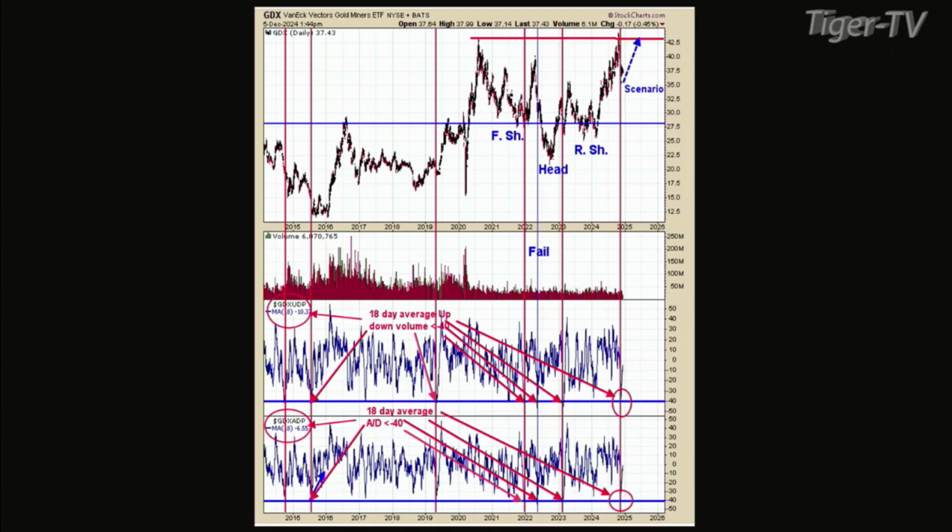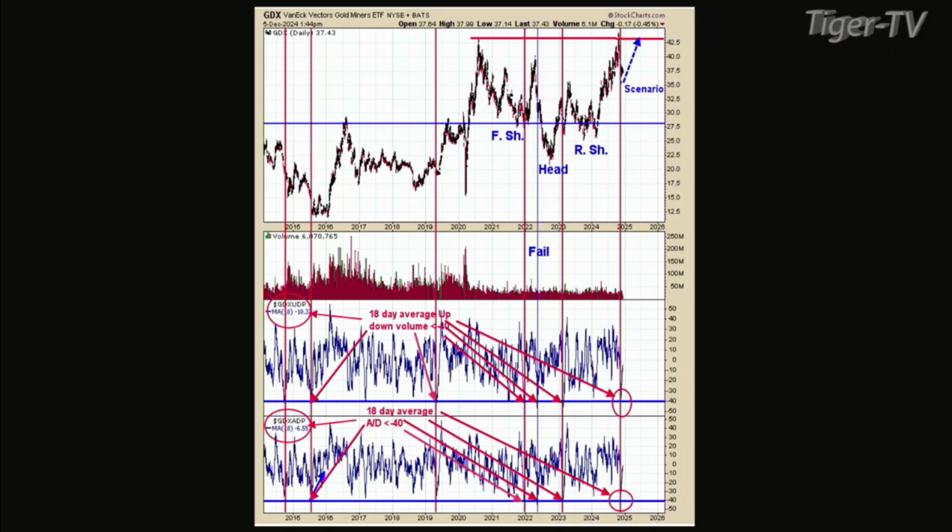This head and shoulder pattern has an upside target around 60, 65, which ironically is also the 2012 high, I think it was. So that is the resistance area up there, but I'm thinking we're going to head back to the old highs. What happens from there, I don't know. But that's what it looks like is going to happen.